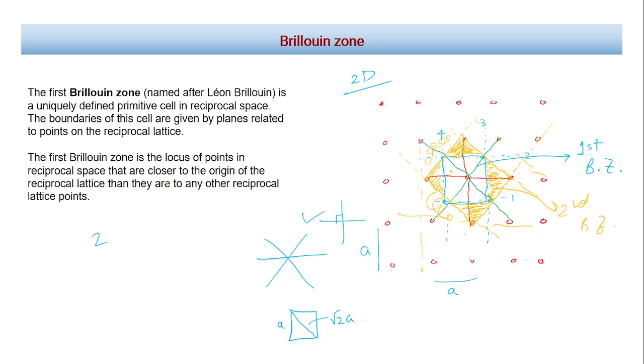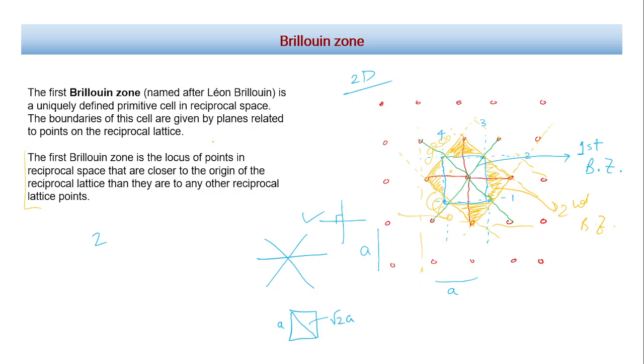This is also a way to define the Brillouin zone: the first Brillouin zone is the locus of points in reciprocal space that are closer to the origin of the reciprocal lattice, this center one we are calling the origin, than they are to any other reciprocal lattice point.